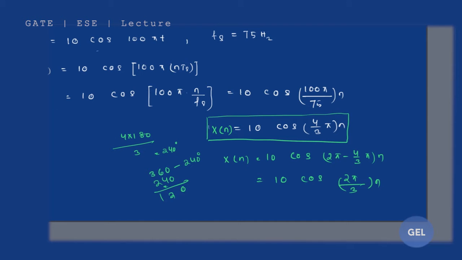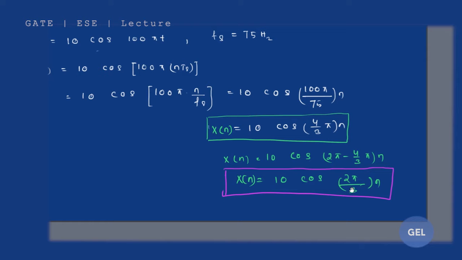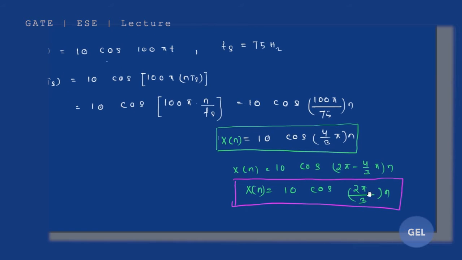So this is what your x(n) is. So the x(n) that you got is 10 cos 2 pi by 3 n. That is your 120 degrees. So this is the value of x(n).